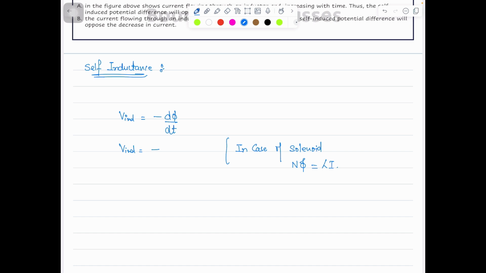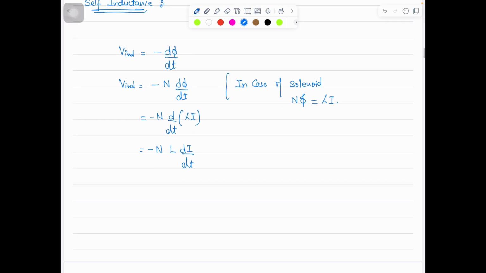So can I say N times d phi over dt? So can I say negative N times d by dt of Li? Yes or no? So bring negative N L times di by dt. So in case of N equal to 1, V induced is equal to negative L di over dt.